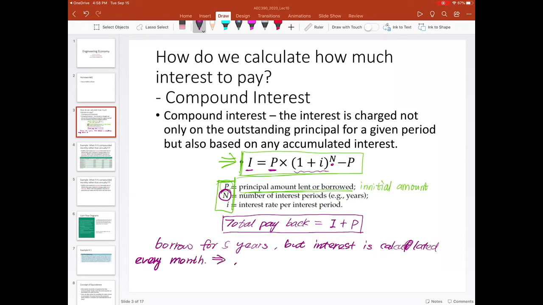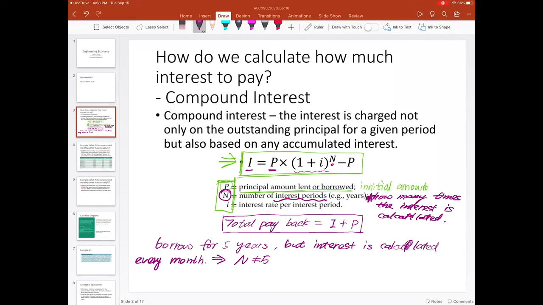That means your n is not 5 anymore, because n is the number of interest periods, right? It's how many times the interest is calculated.